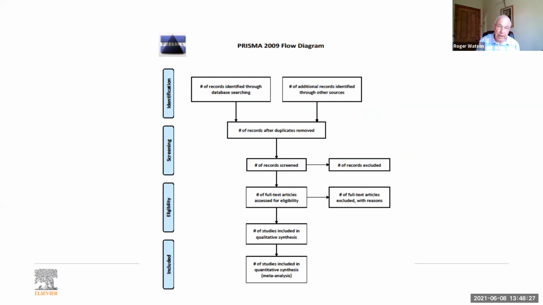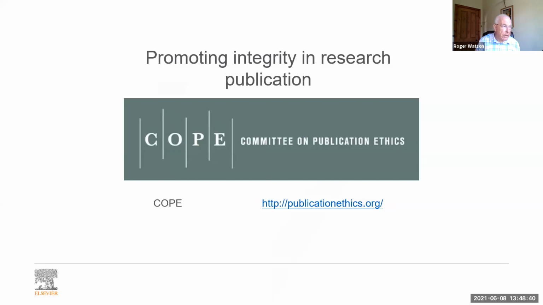So every article must be accounted for. It's very important that you check the arithmetic, because if you miss any out, then it will be sent back for revision. Okay, that's everything I want to say about the EQUATOR guidance.